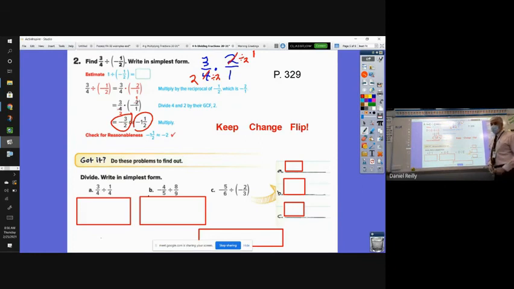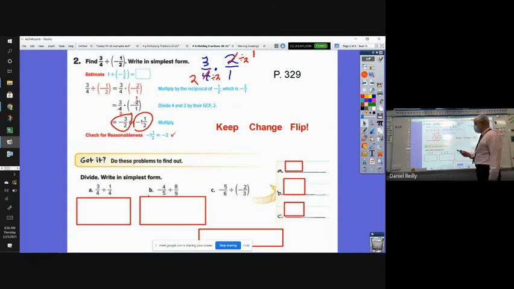3/4 divided by 1/4. Well, this one you could do in your head. How many 1/4 can I put into 3/4? How many 1/4 are there in 3/4? 3. Right? So now just like common sense, if you think about what division means, the answer to this is 3. But you could just write it down if you see that, okay?